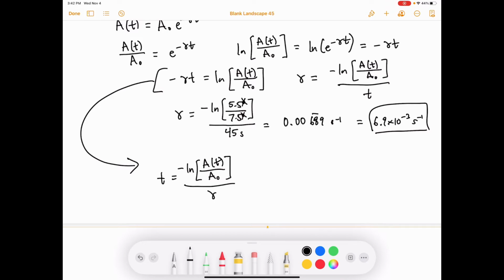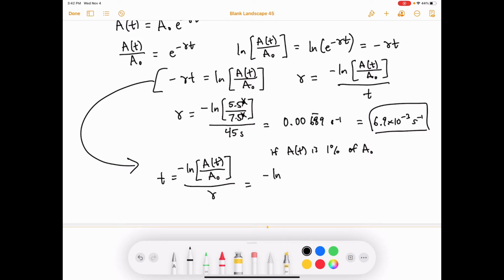So if the amplitude is 1% of the initial amplitude, that means this ratio in the natural log is 0.01. So if it's 1% as a fraction, that's 0.01.